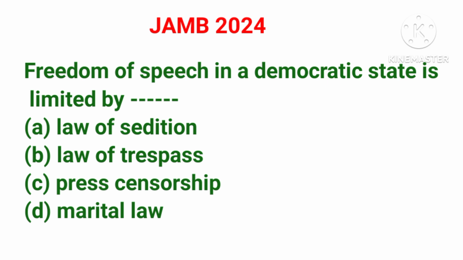Press censorship limits the freedom of the press and prevents them from publishing certain information that could be provocative. So law of sedition focuses on the general public, everybody. Press censorship focuses on the press. So that's why option C, press censorship, is not the correct answer.